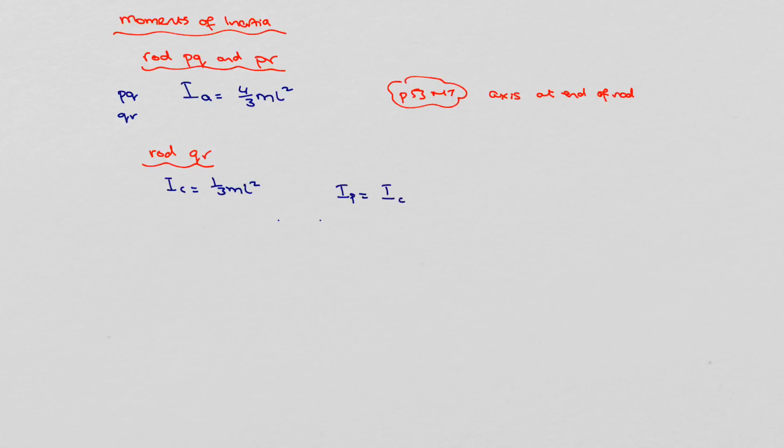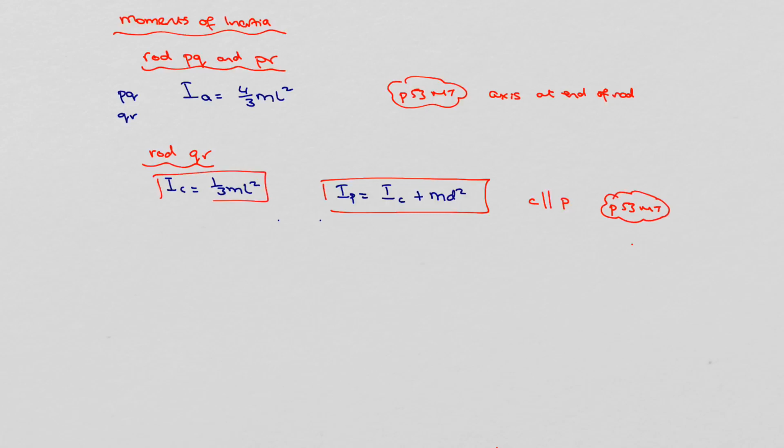So in other words, I have to get the moment of inertia through C plus md squared, because the centre is parallel to P. So it's our parallel axis theorem. And again, this is page 53 in our maths tables also.